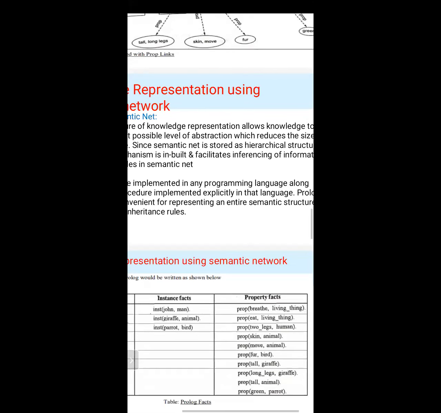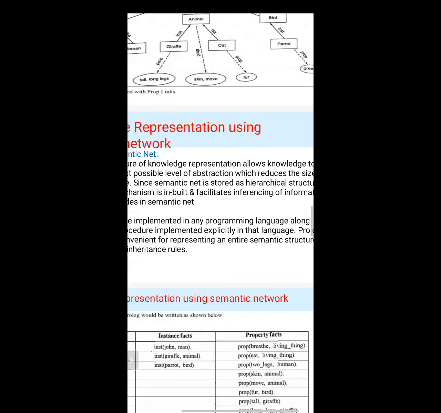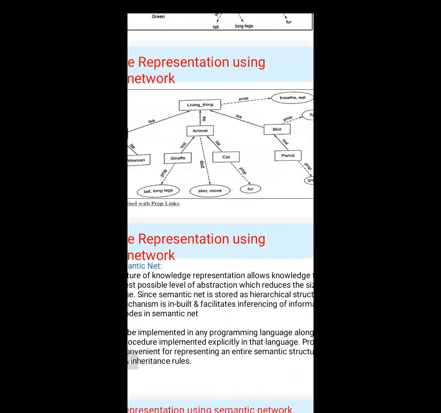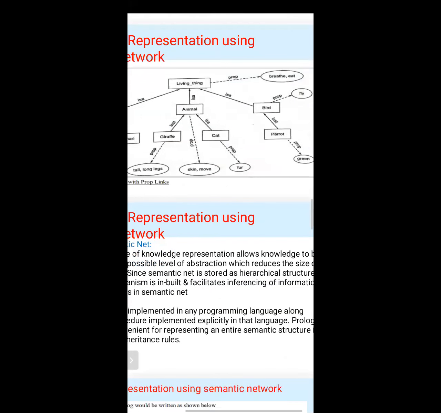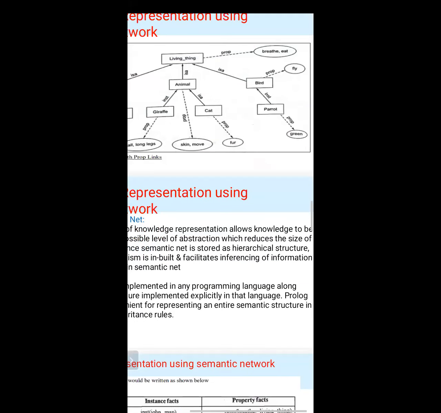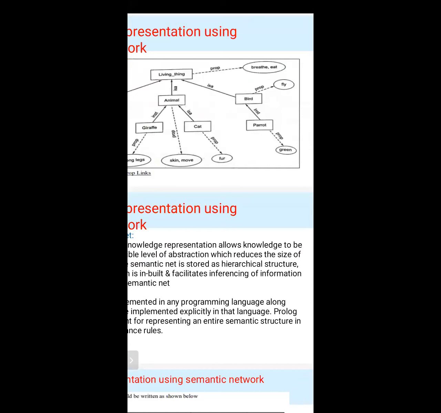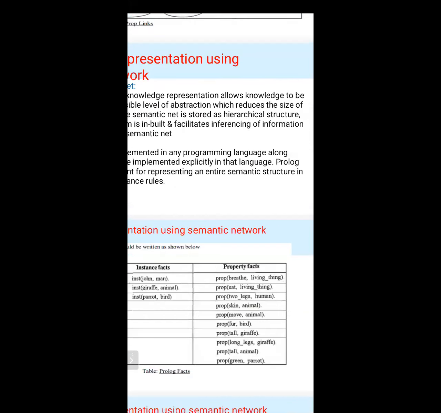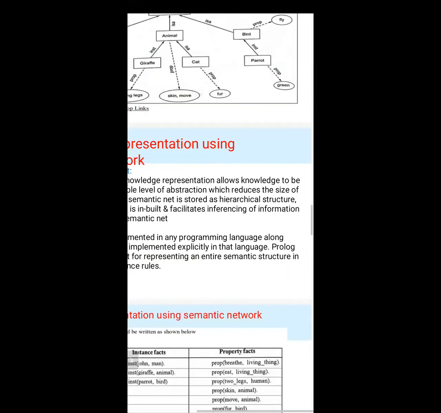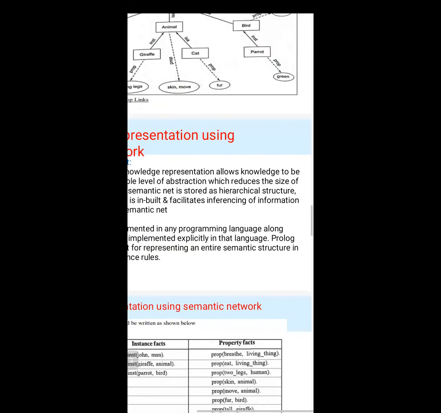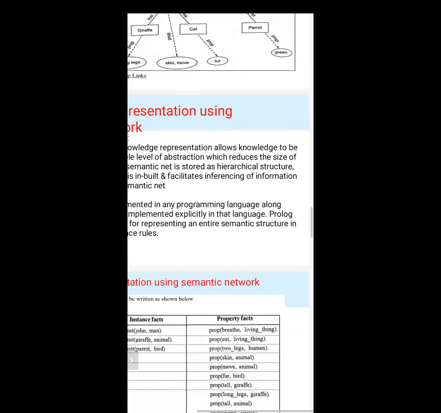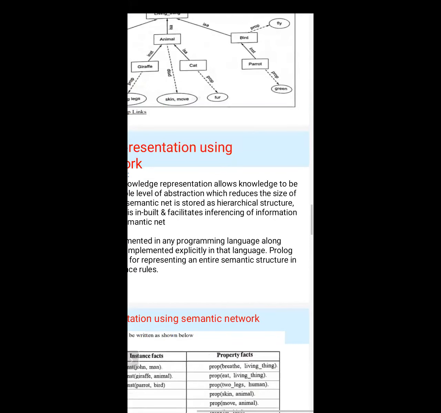Where is the skin comma animal? This one. Property of skin comma animal. Next, property of move comma animal. Next, prop of fur comma cat. Not bird here; fur comes under cat.